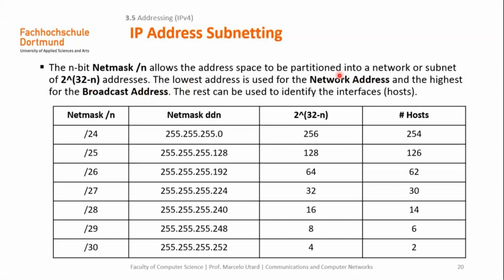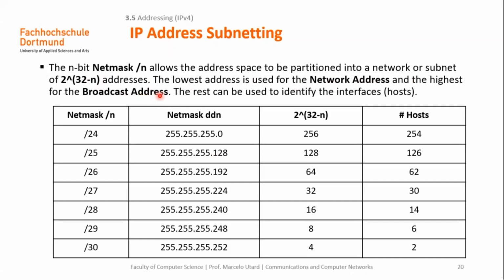And then remember, the network address is obtained by performing a logical AND operation between the IP address and the net mask of any interface of the network, and the broadcast address could be obtained by performing a logical OR operation between the IP address of any interface in the network and the negative of the net mask.